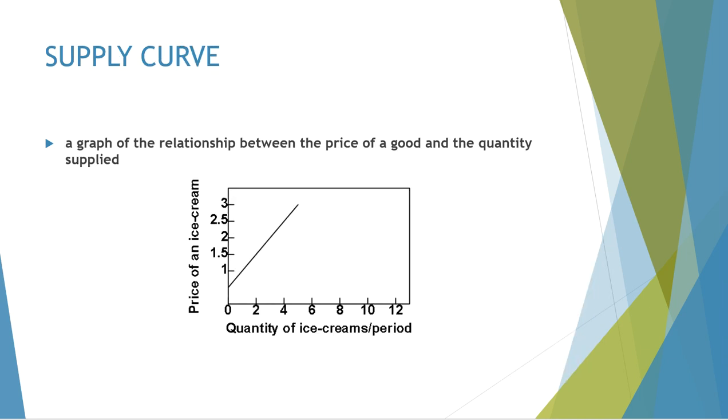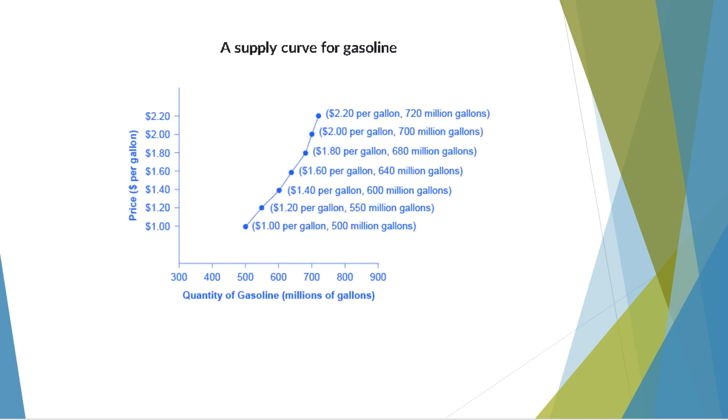With a supply schedule, we can plot a supply curve. So what is supply curve? Supply curve is a graphical representation that shows the relationship between the price and the quantity of the supplied item. Pretty simple, huh? This is the supply curve of the gasoline tadi yang kita tengok dekat previous slide.